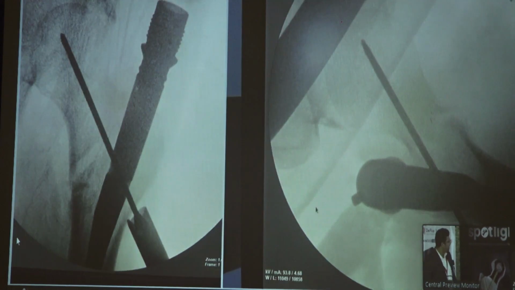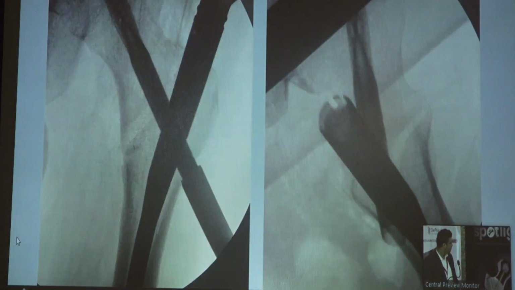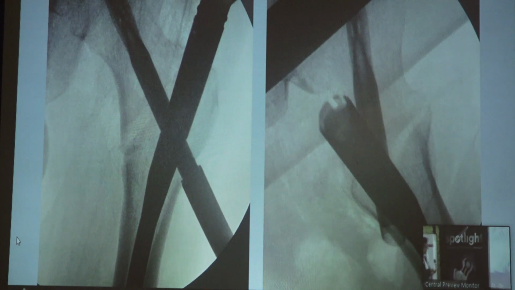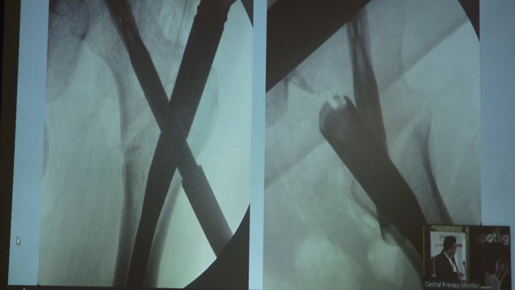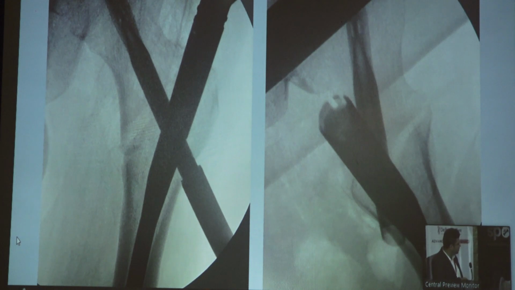And the guide wire has to be in center. In the lateral view, it was little off center in this case. And after the positioning of the guide wire, you put the screw. So I want to focus on the beauty of the system. You can see I have not done the compression yet. There's a slide. I want to compress a little more.